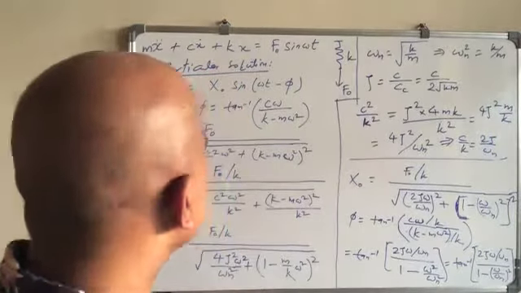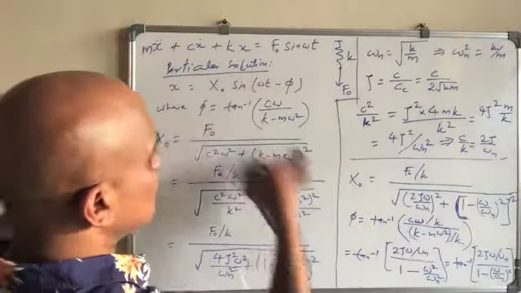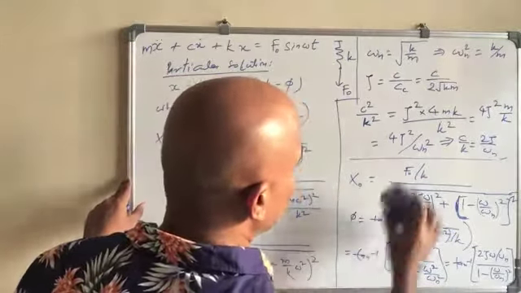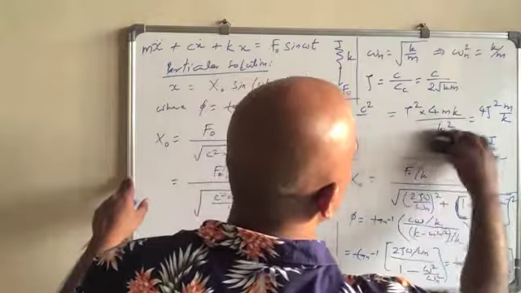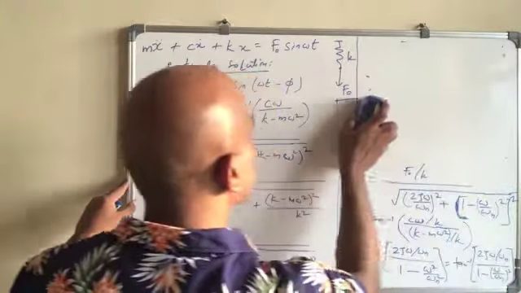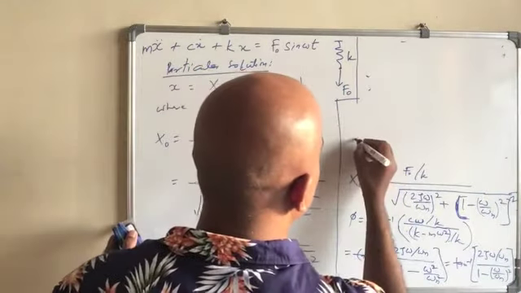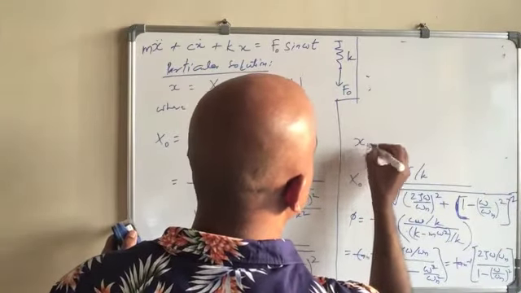So let me write this solution here. We will have x naught and phi value here. And from this side we will just write the particular solution, let's call it x p for particular solution.